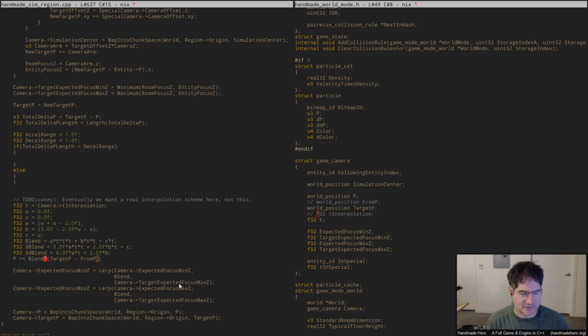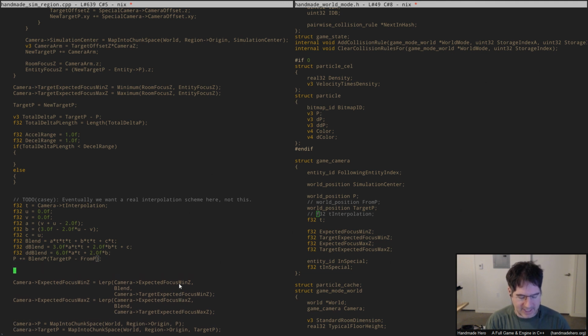That's restructuring the thing in the old way, where if I have 1 minus u times target p plus u times from p, which, oops, is backwards, which was the lerp we were doing.